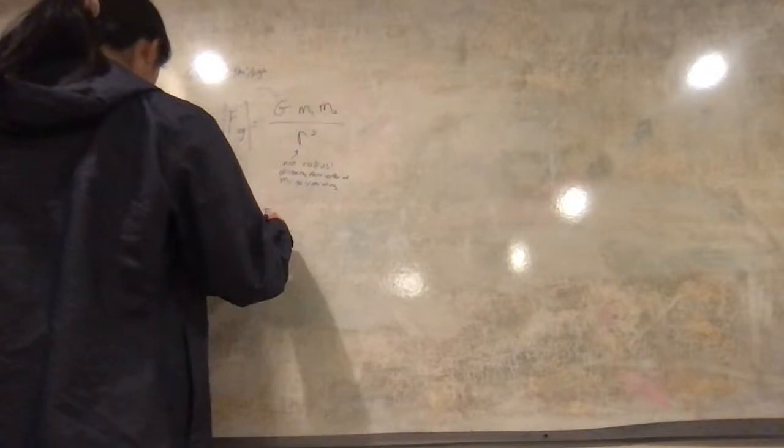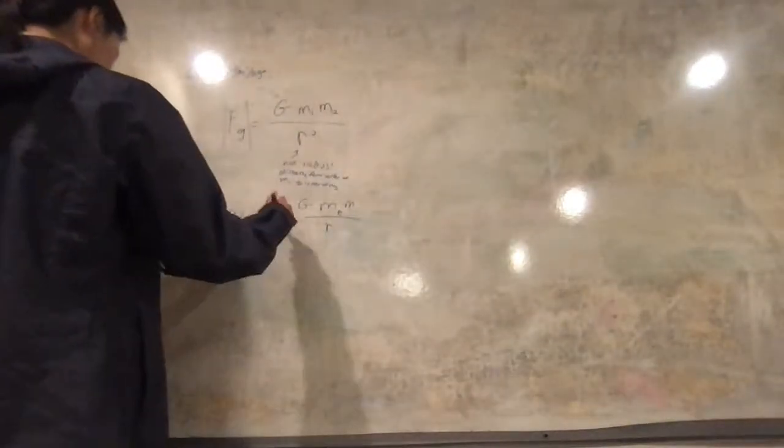So weight equals Fg equals G times mass of Earth times mass over RE squared. So that's weight at Earth's surface. And the acceleration due to gravity on Earth would be G ME over RE squared. But on other planets, it would not be using the mass of Earth.